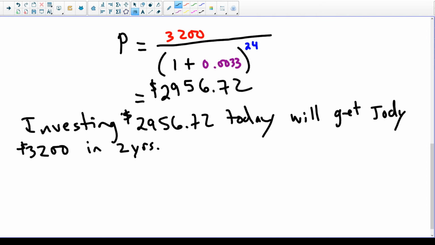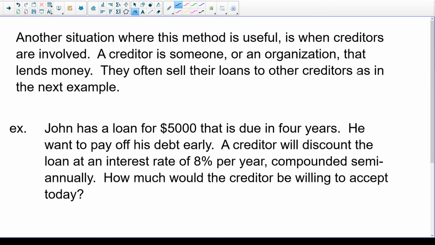There is another scenario where this can come into play. This is a pretty specific one. Another situation where you might see this is if you have a loan and you figure out a way that you'd like to pay the loan off early. Creditors are people who lend money out. This could be a bank, but there are other creditors as well, like companies that will lend you money, and usually the interest rate's pretty high.